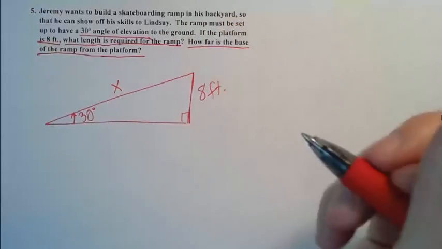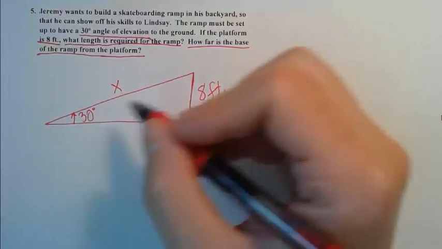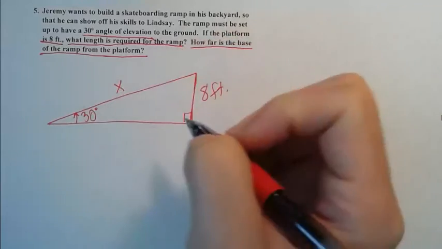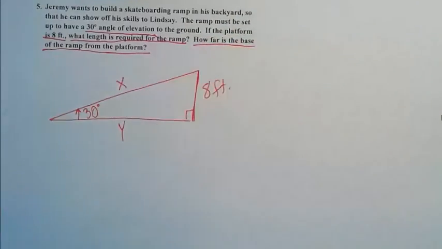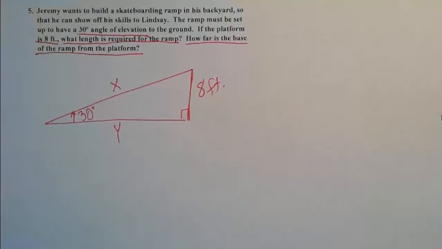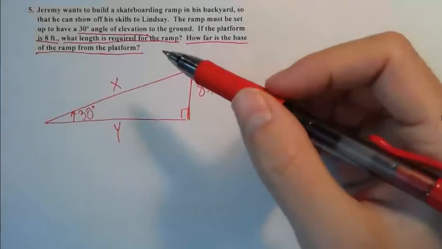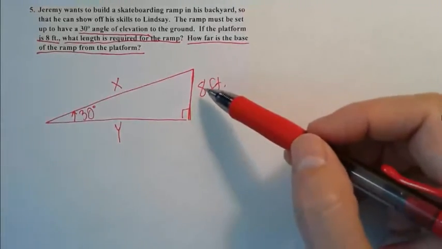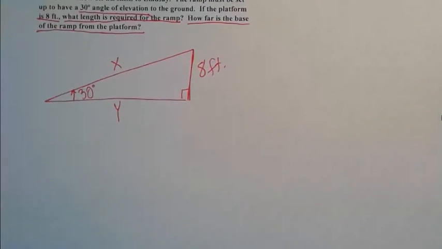And then they're also asking about this y value right here. And so we're going to be solving for two parts of this right triangle. And we can look at it as two steps.